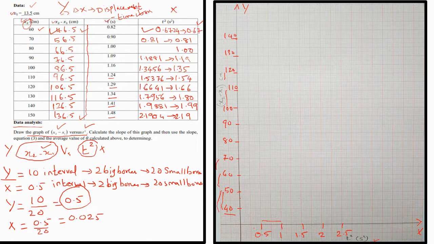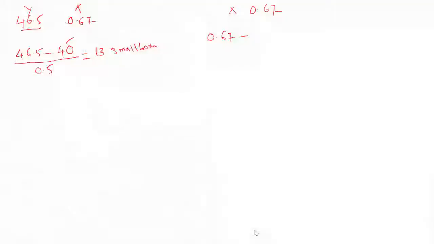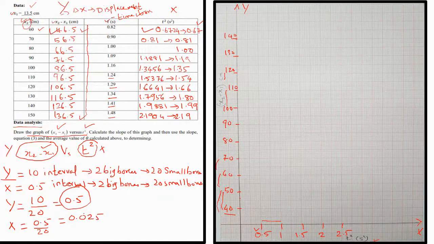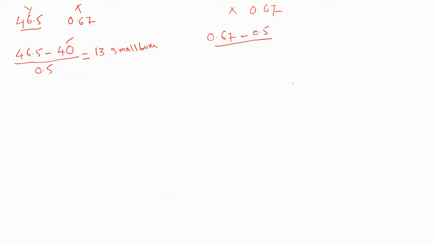So what is the lowest here? 0.5. So 0.67 minus 0.5 divided by, what is the interval for the x-axis, brother? 0.025. Very good. Could you please let me know what's the answer for this? 6.8. Yes. So I got 6.8 small boxes.